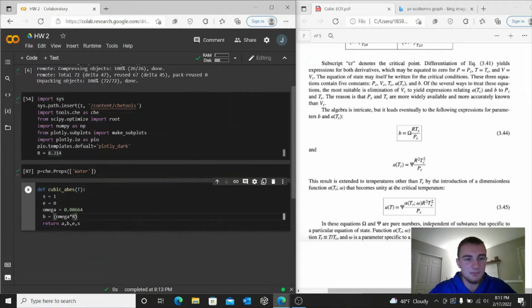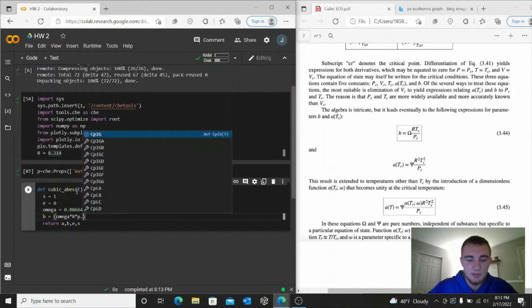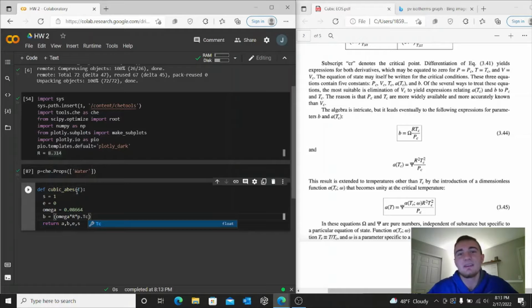And now, since we have this available in the pre-coded algorithm, we can say that the ideal gas constant is multiplied here by Tc. Since we have our variable as P, we can do P dot Tc. Tc is the variable name for the critical temperature in the pre-coded algorithm that I have brought in.